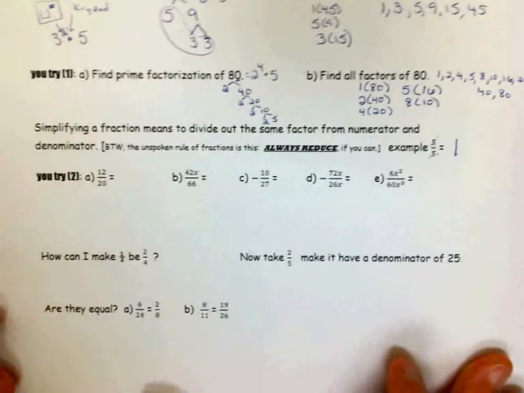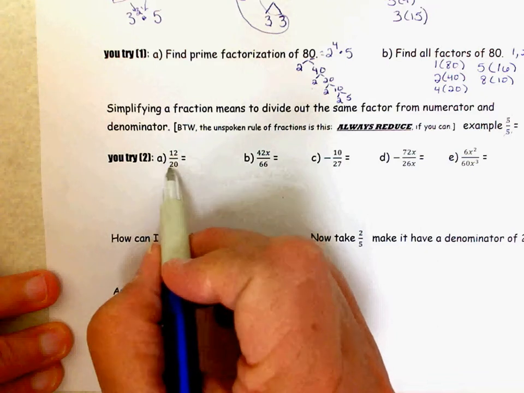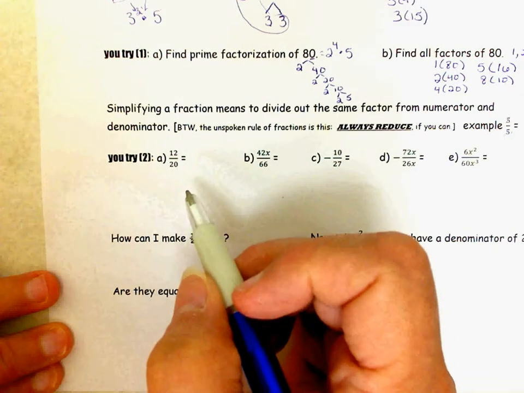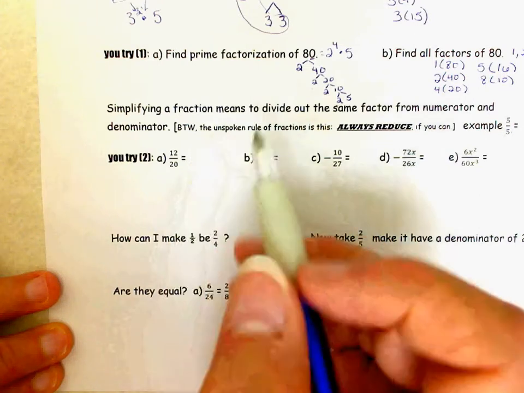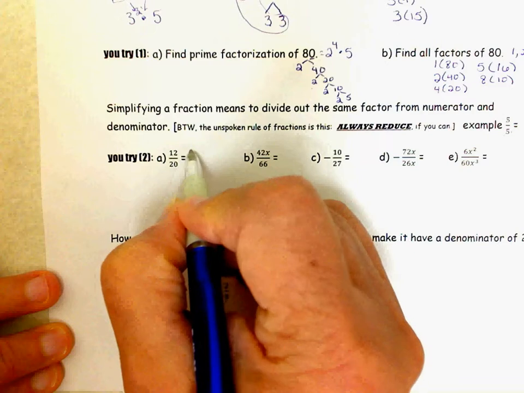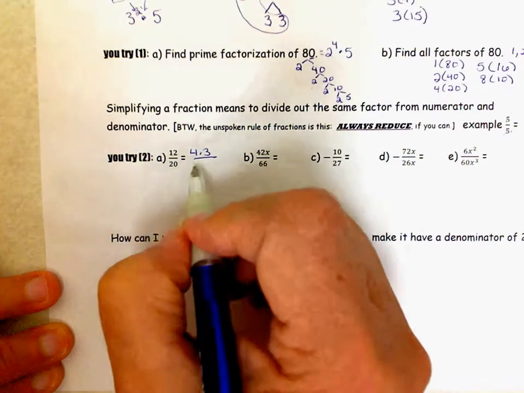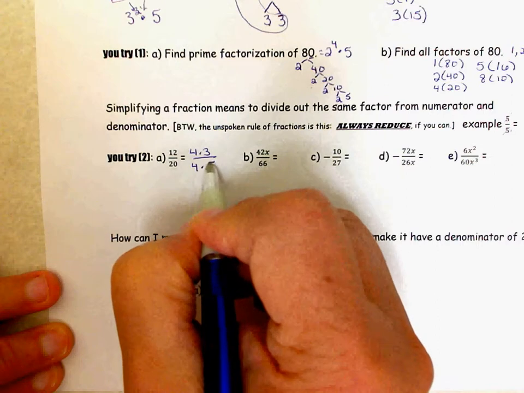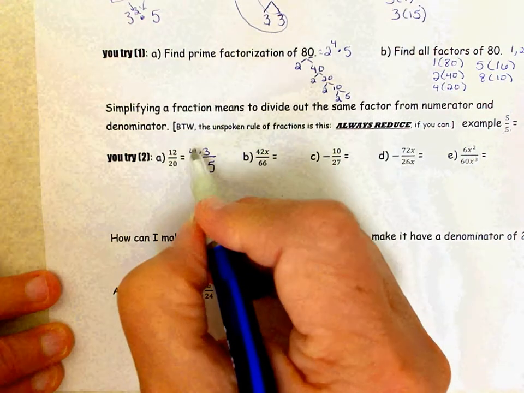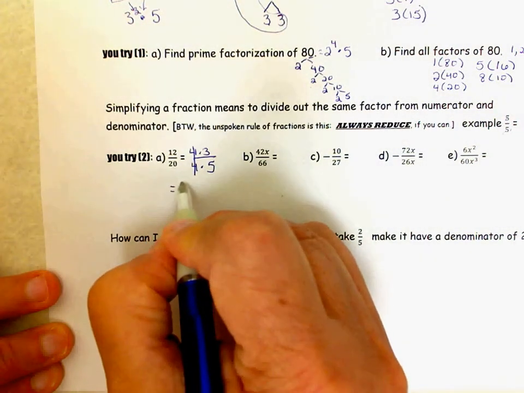Alright? Now, what do we know goes into 12 and 20? If you said 2, that's correct, and it would work if we did that, but there's something a little bit bigger. 4 goes into 12 3 times, and 4 goes into 20 5 times. So the 4's are the same, we cancel them, and our answer on this problem is 3/5.